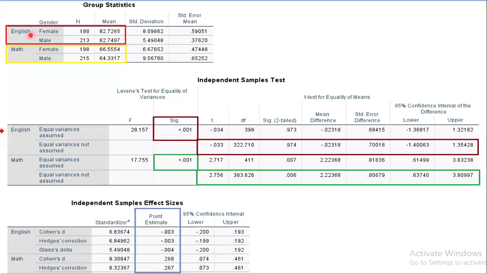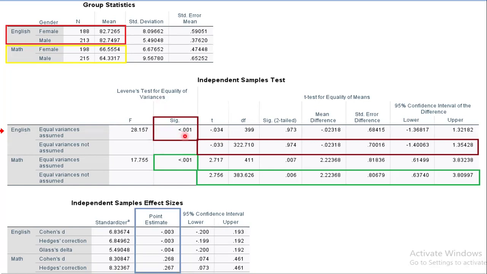the mean value of male and female in English subject, the mean value of male and female in math subject, and most interestingly, what you will find out is Levene's test for equality of variance. Here you can see the sig value under Levene's test for equality of variance is less than 0.05.